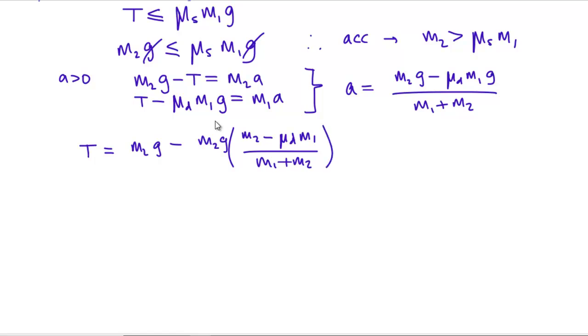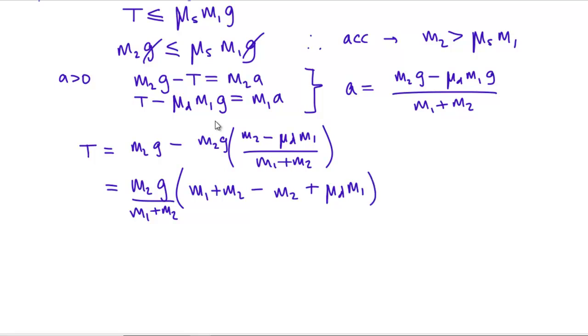Okay, that's good. So we got a bit of factorizing we can do on this, haven't we? We got M2G, and let's now take the M1 plus M2 outside. So we can say that's M1 plus M2 minus M2 plus mu d M1.